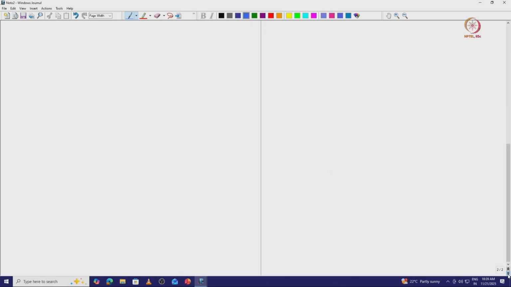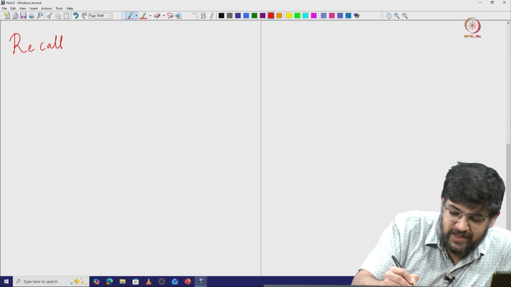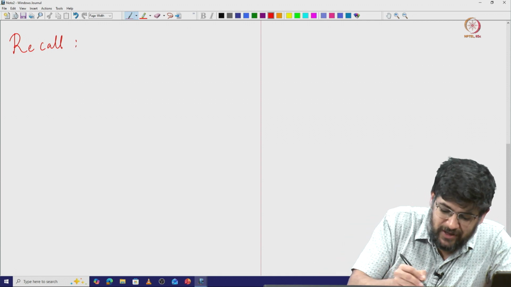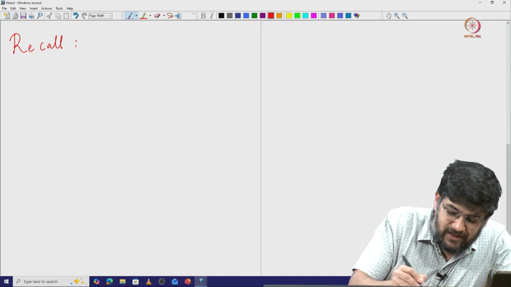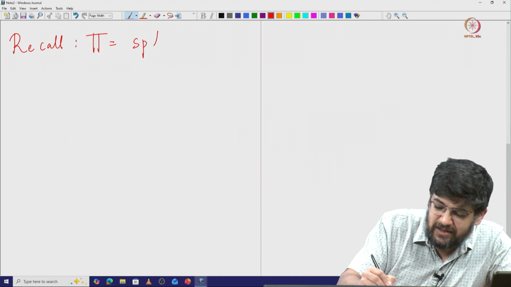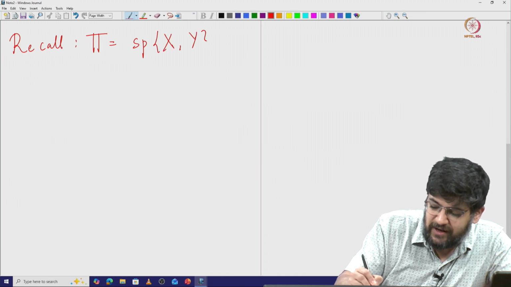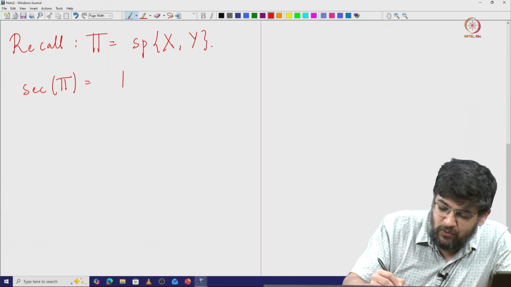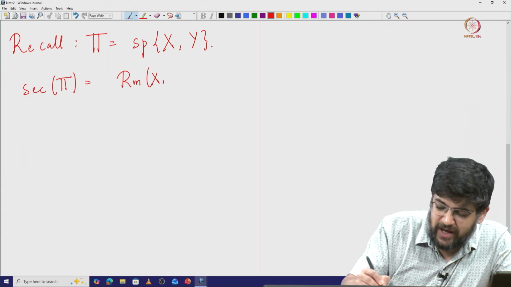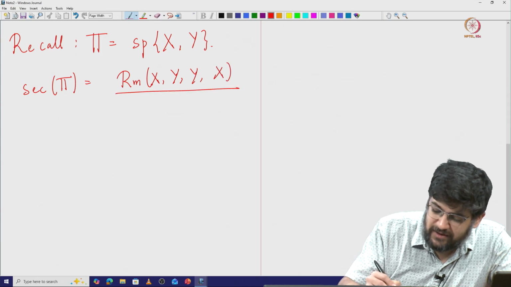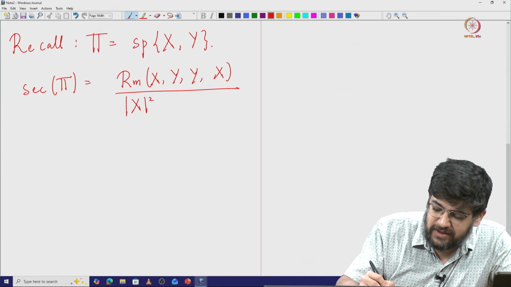Okay, so let me also remind you of what the definition of the sectional curvature was, since it has been a long time. So remember that suppose pi is spanned by these vectors x and y, then the sectional curvature of pi was basically Rm of x comma y comma x divided by this.